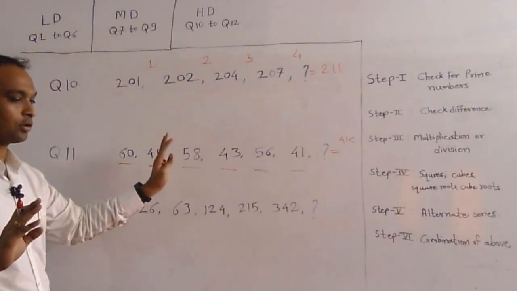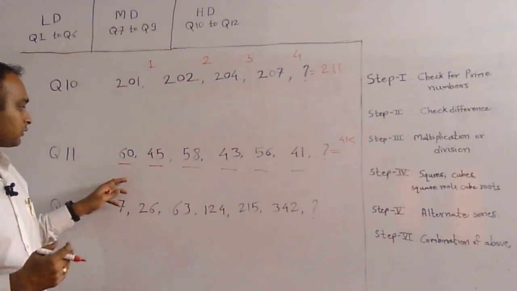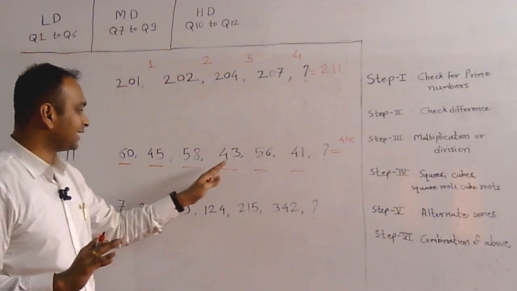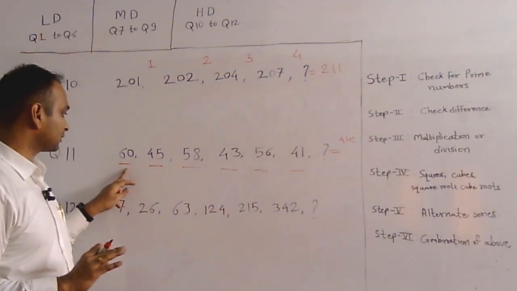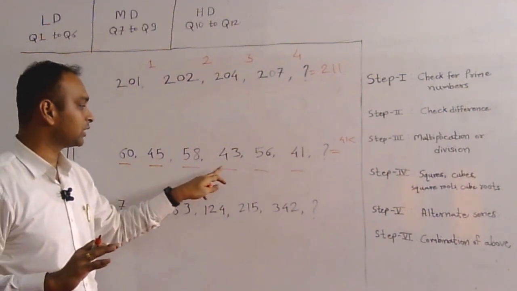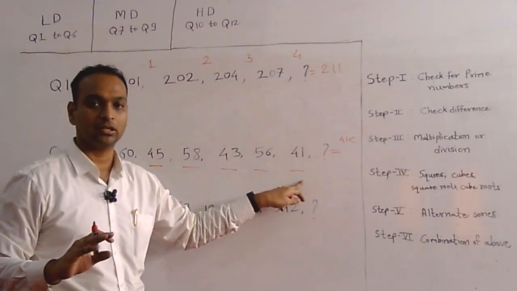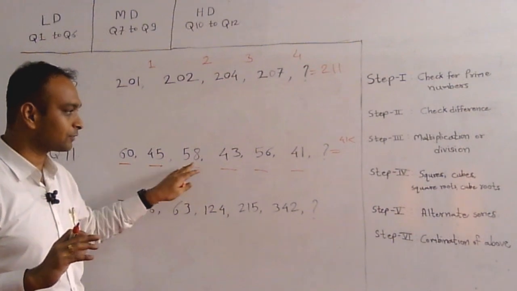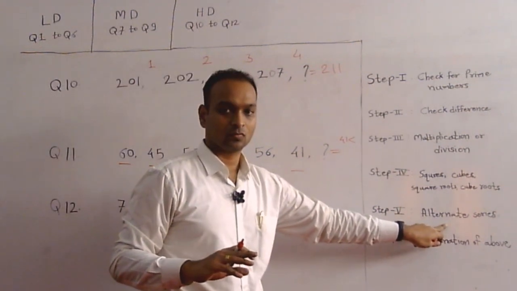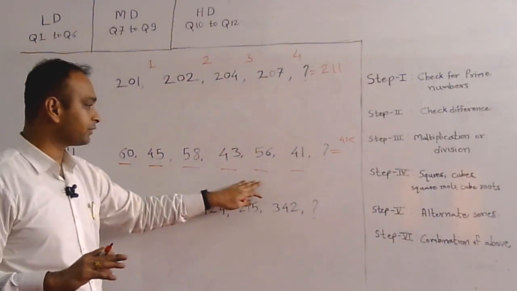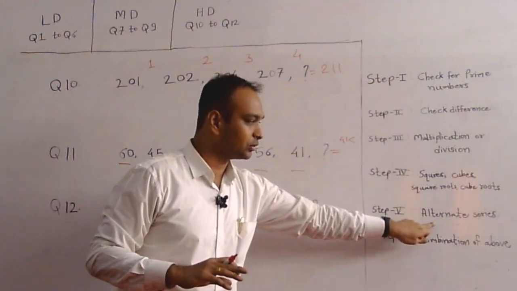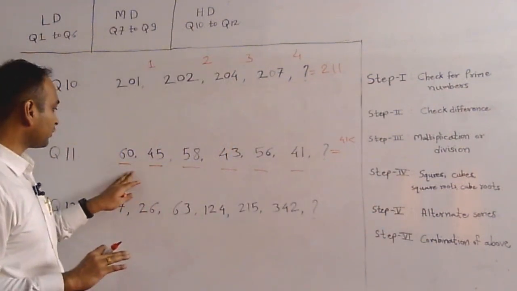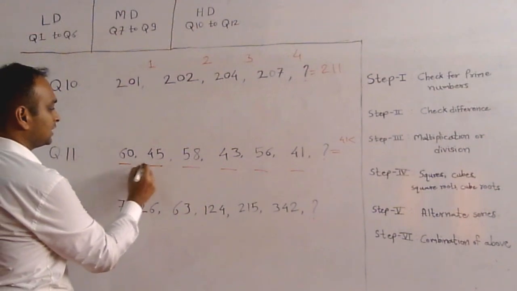That is clear from this logic. Now whenever you see such alternate kind of things, which is reducing, again increasing the number, reducing, increasing, reducing, in such case more chances are there that that problem is from alternate series. Okay, so instead of finding out the differences, let's directly come to the alternate series. Now in case of alternate series, here we have 60 and 58.